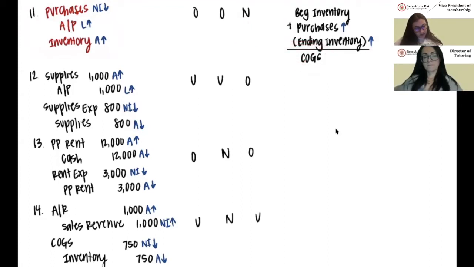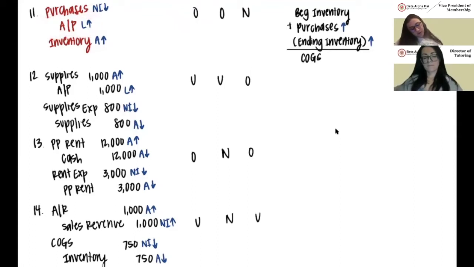COGS and purchases having no effect on net income. So now for assets, our inventory was increased when it shouldn't have been. So our assets are going to be overstated. And with accounts payable being increased, that increased our liability when it shouldn't have.